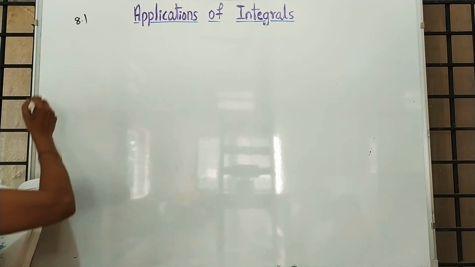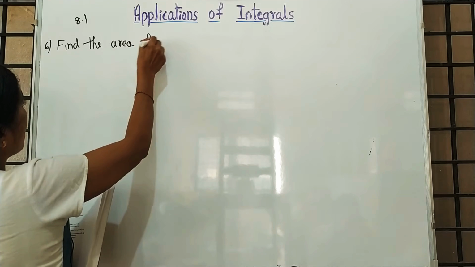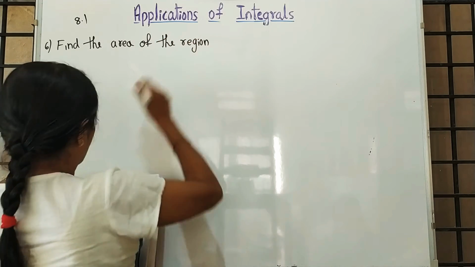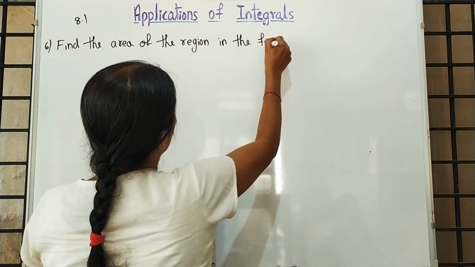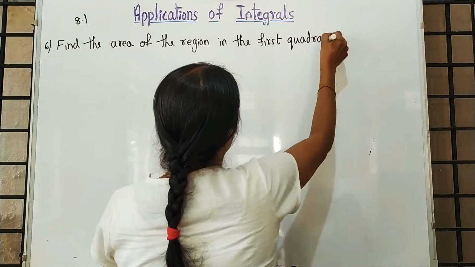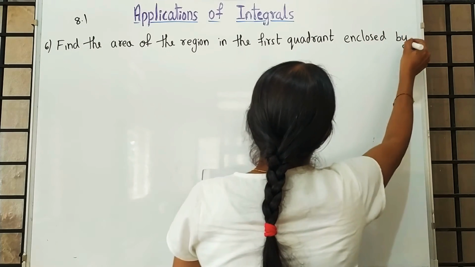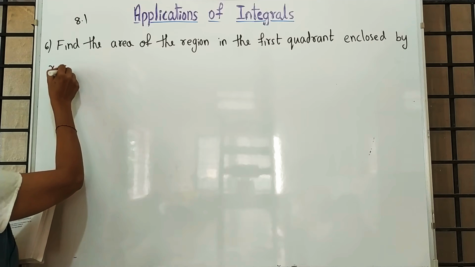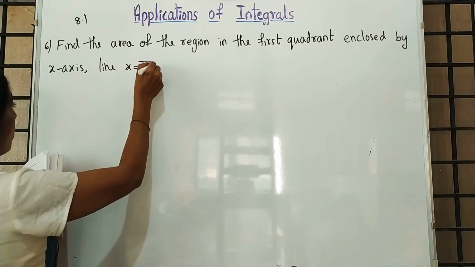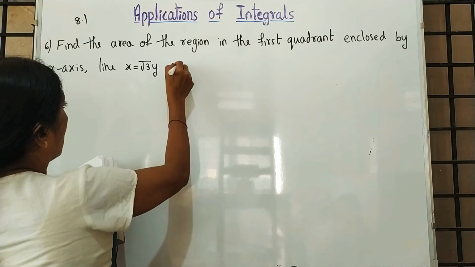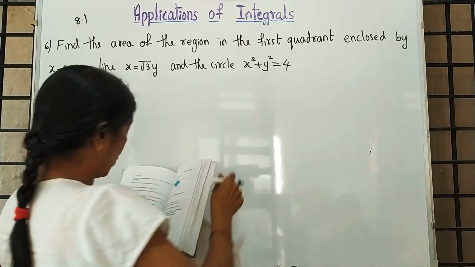Find the area of the region in the first quadrant enclosed by the x-axis, the line x is equal to root 3 y and the circle x square plus y square is equal to 4.